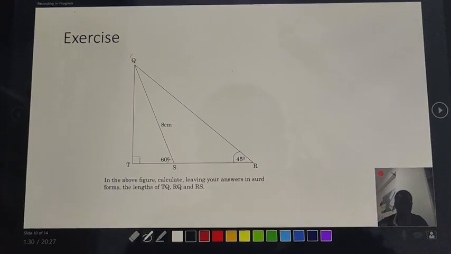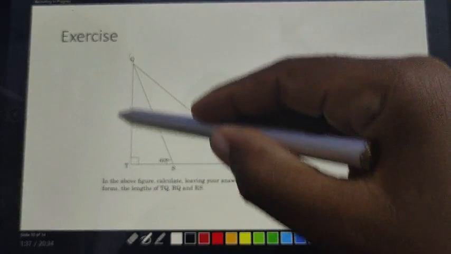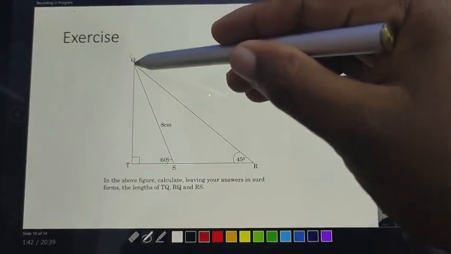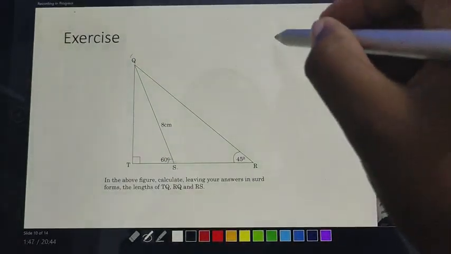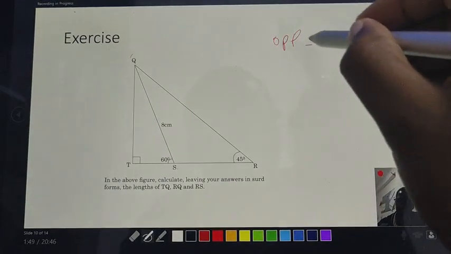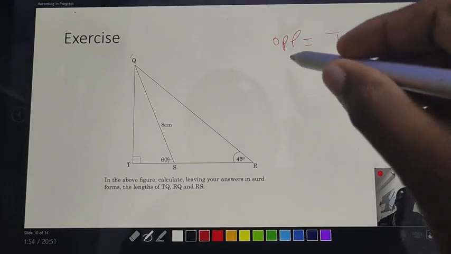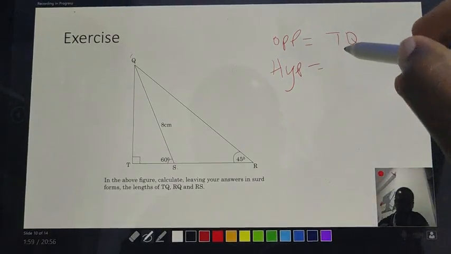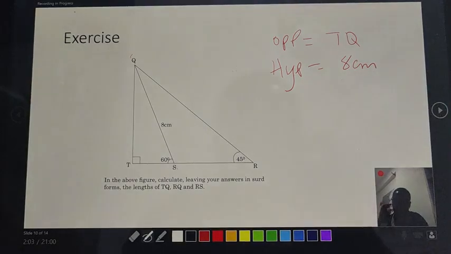Looking at this, the first question is for us to find TQ. TQ is that one. How do we find that? We can consider this small triangle TQS. In that small triangle, we have opposite, which is TQ, and we have hypotenuse, which is 8 centimeters.